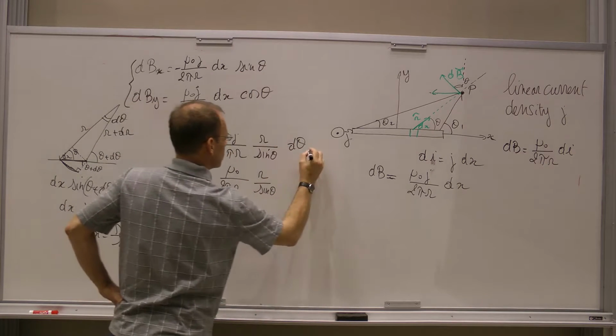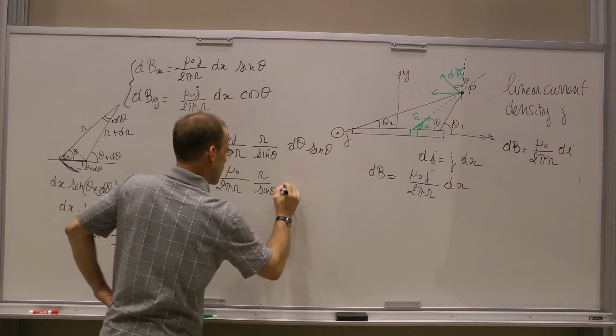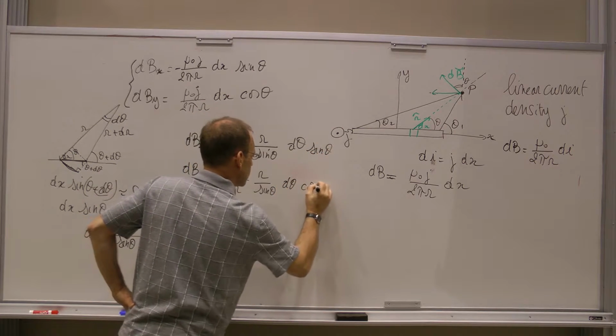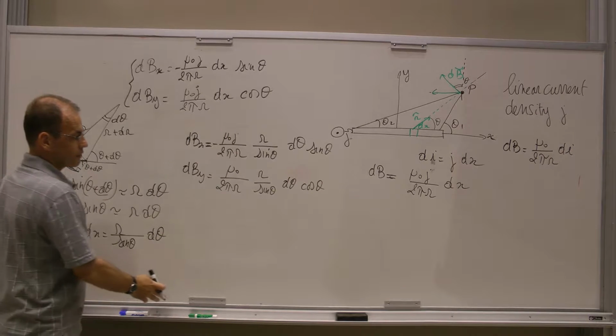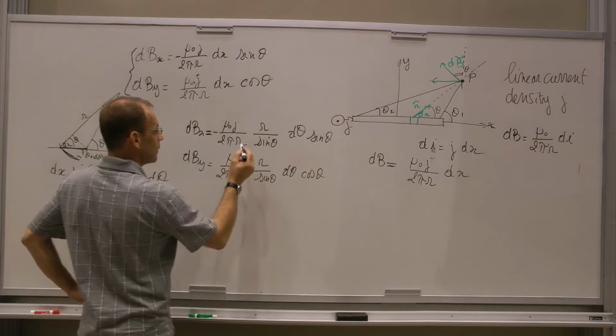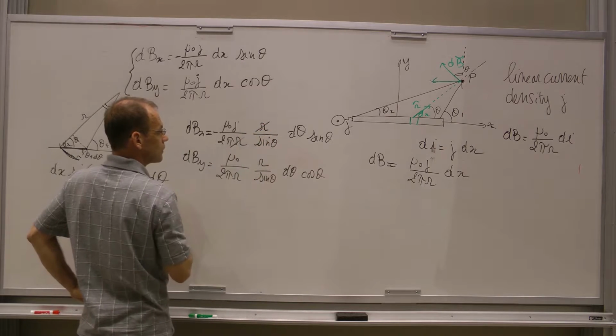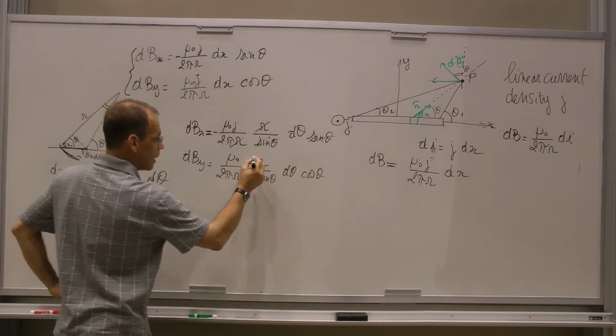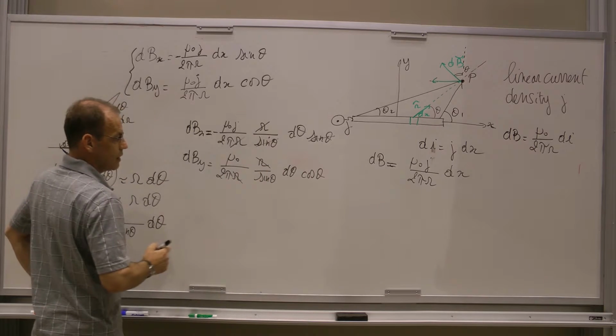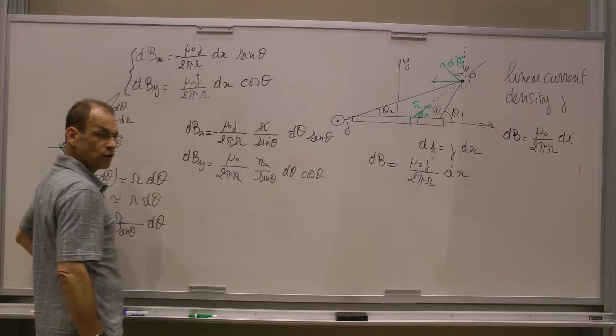And I'm missing the sine theta up here, sorry. And then I have another d theta cosine theta coming from here. So we see immediately that we have simplifications. r and r cancel out. Sine theta and sine theta cancel out. Here r and r cancel out. And here we have d theta cosine theta over sine theta.